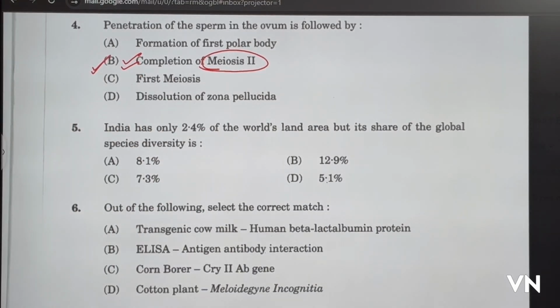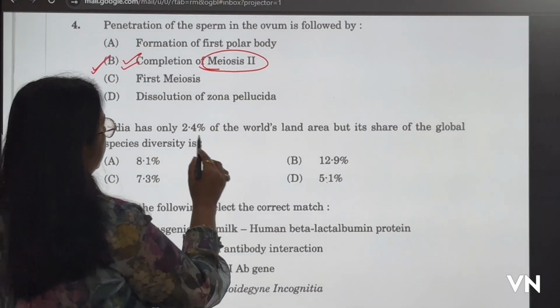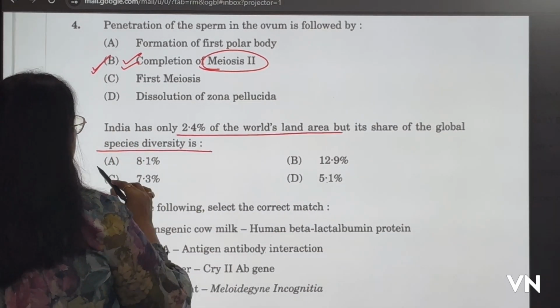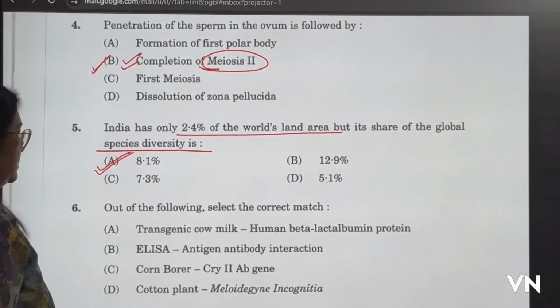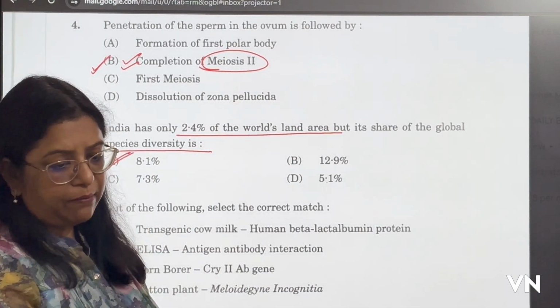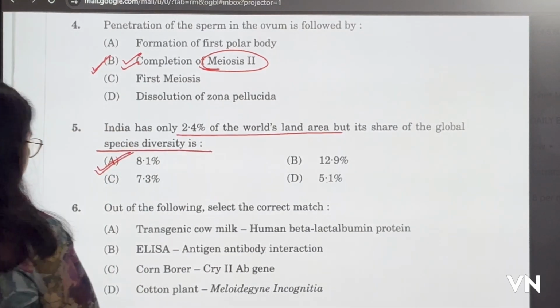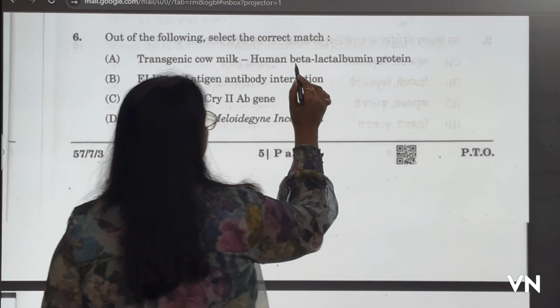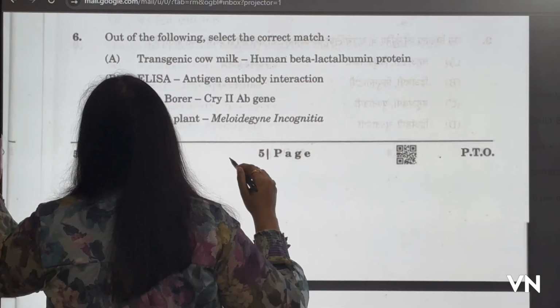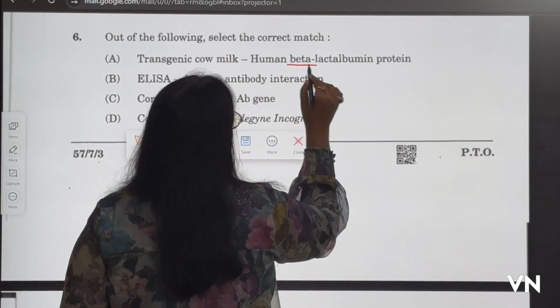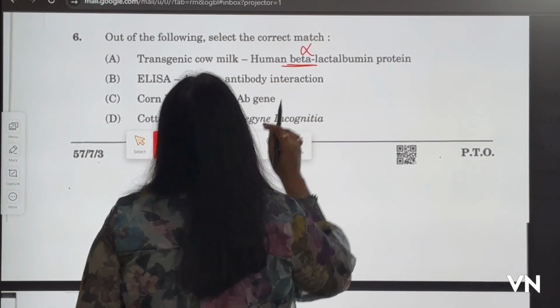Question number 5. India has only 2.4% of the world's land area, but its share of the global species diversity is 8.1%. Question number 6. Out of the following, select the correct match. Transgenic cow milk, human beta lactalbumin protein, beta is given wrong here, and the answer of this is alpha lactalbumin.